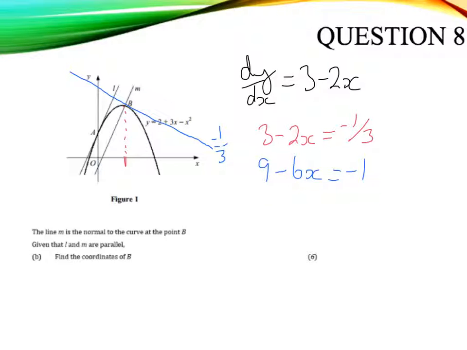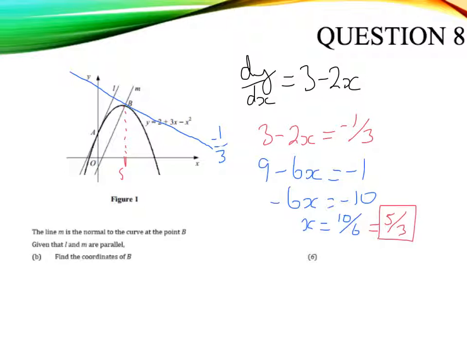Let's take 9 from both sides. So minus 6x equals minus 10. Divide by 6, so x equals 10 over 6, which we can cancel down a little bit further to be 5 over 3. So x is 5 over 3.